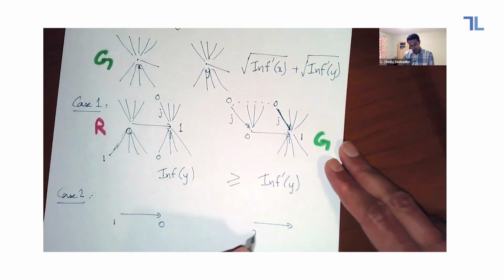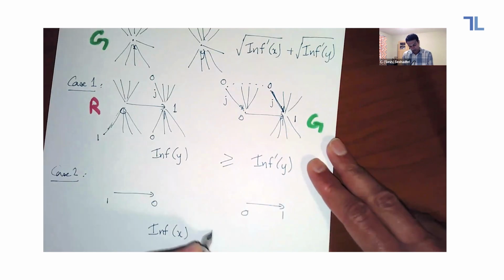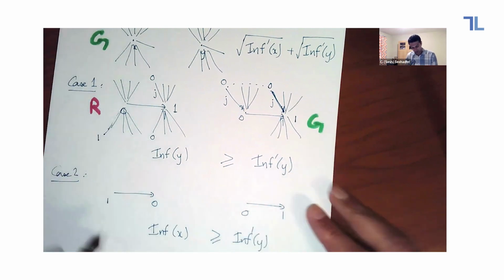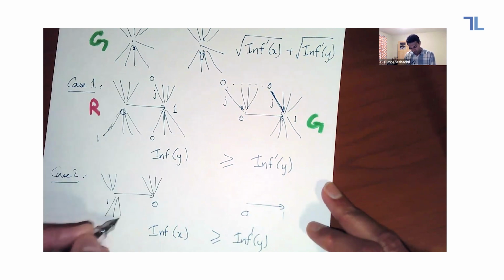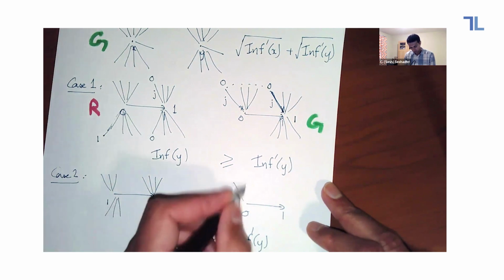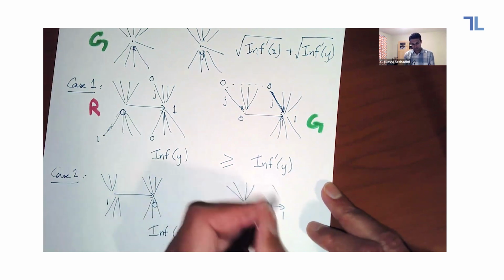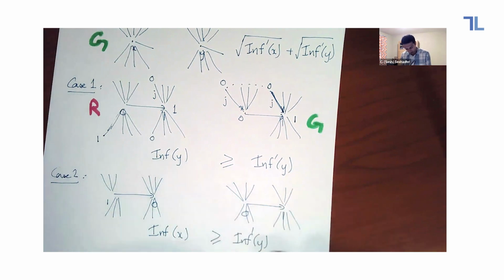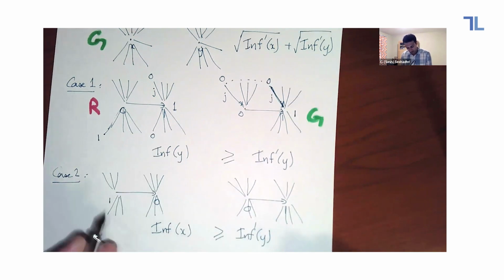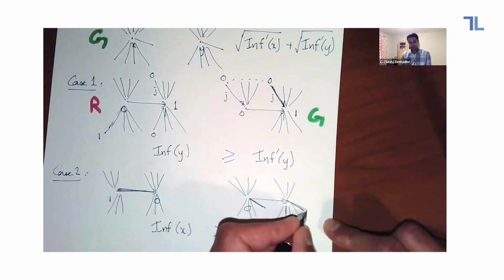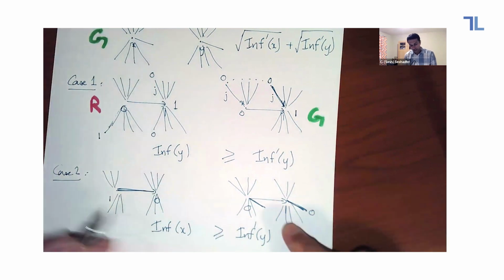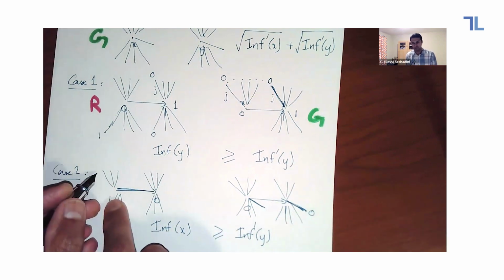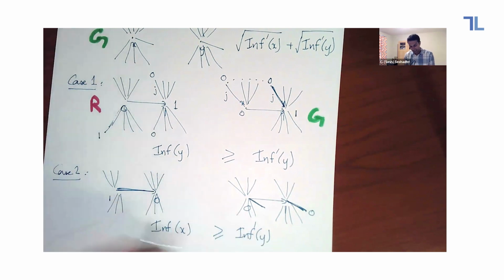So technically what you will argue is that the influence of X is greater than or equal to the influence prime of Y. So you have to look at X over here and track it in Y over here. This influence over here is going to get tracked in this coordinate here, because this is that extra hanging coordinate. And everything else, if you look at any influence that 1 had before, it could only lose it. It cannot gain any influence.